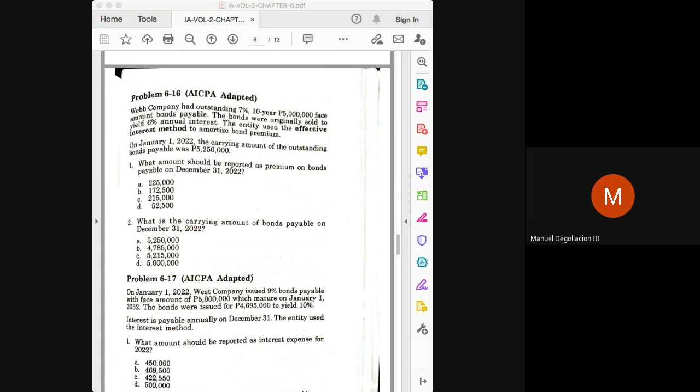So we will demonstrate later what the answers will be if we use the straight line method instead of the effective interest method.